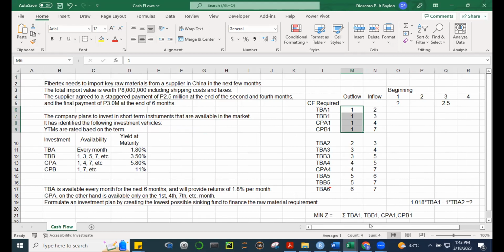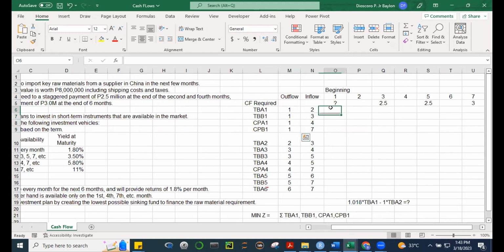Okay, so let's plot the factor for TBA1. Is this a cash inflow or a cash outflow? Answer is, class, I think it's outflow.